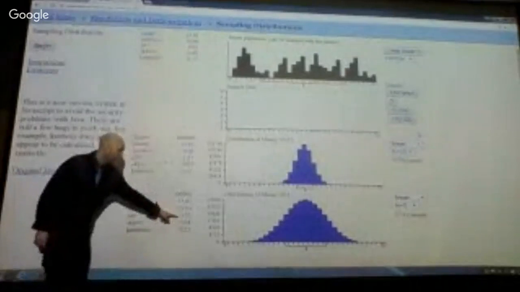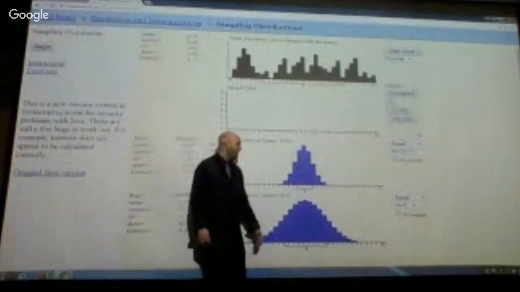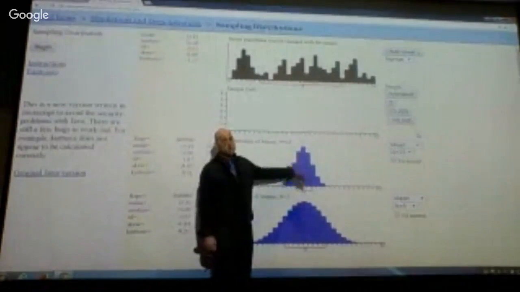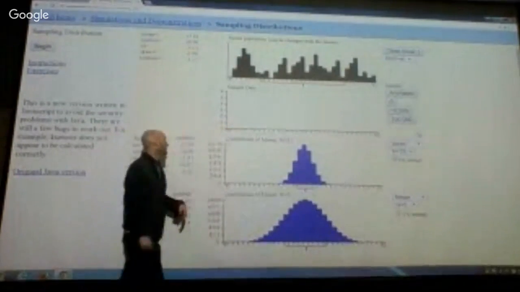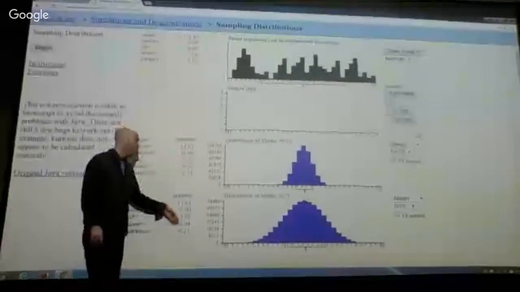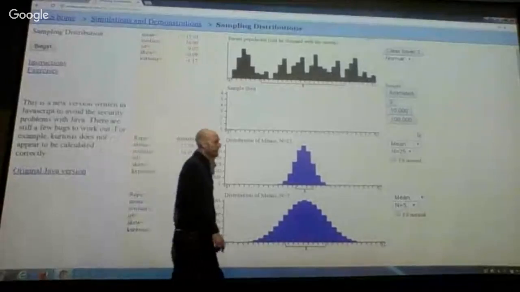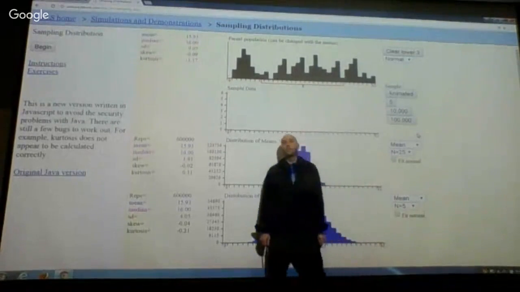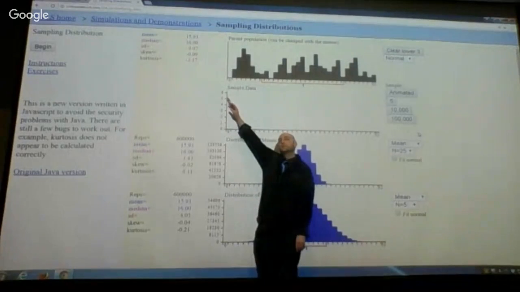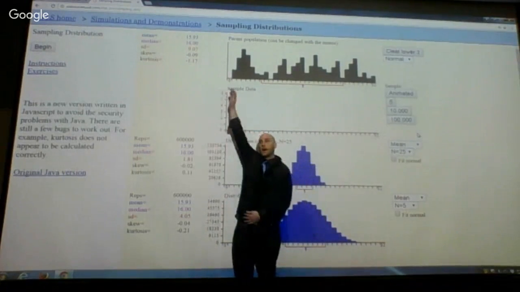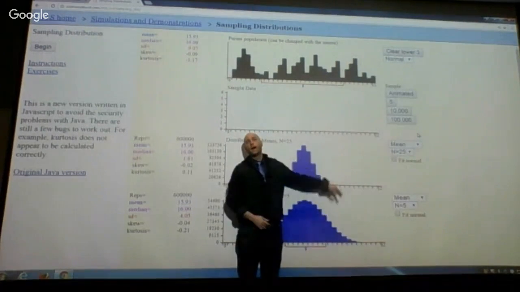This distribution and this distribution have standard deviations, and were generated using different sample sizes. If I told you the population standard deviation sigma was 9 and that the sample size was 25, you could take 9 and divide it by the square root of 25.